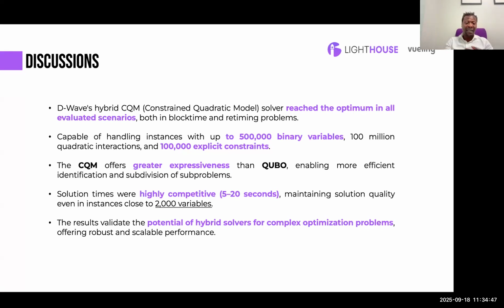What we have seen, and makes a lot of sense, is that the CQM offers greater expressiveness than Kubo. Why? We can explain this a little bit. Because DWave developed the CQM so that we can embed directly the MIP, the mixed integer programming, into the solver. We don't need to remap the restrictions with the penalty function.